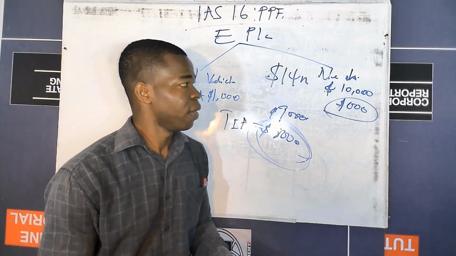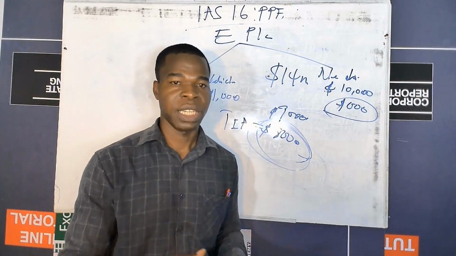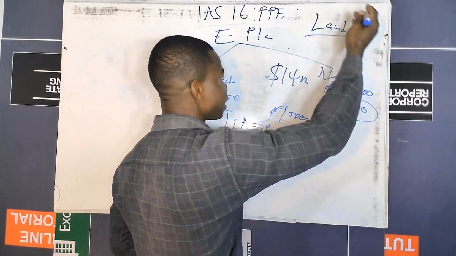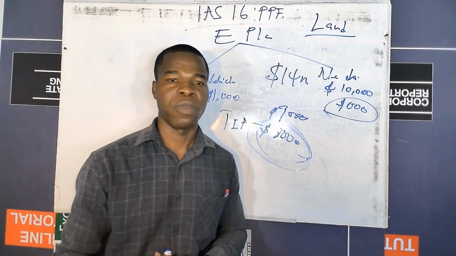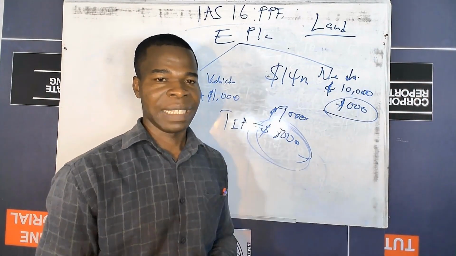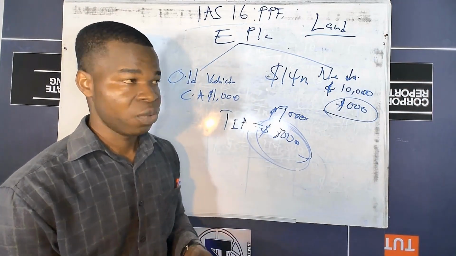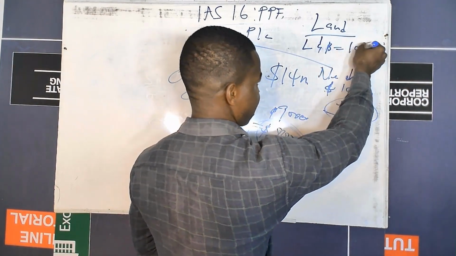So I think the next thing we can talk about under depreciation is the issue of land. Land has an indefinite useful life. So for that matter, we don't depreciate land, or we only adjust it for impairment or test impairment on land. But sometimes, questions will be given like land and building costing 10,000.